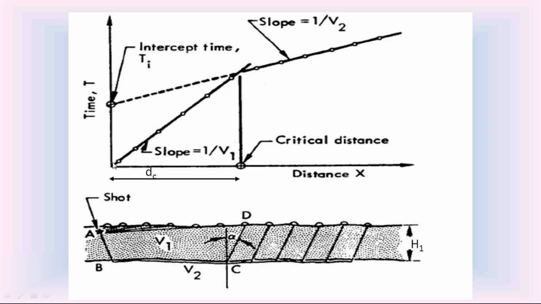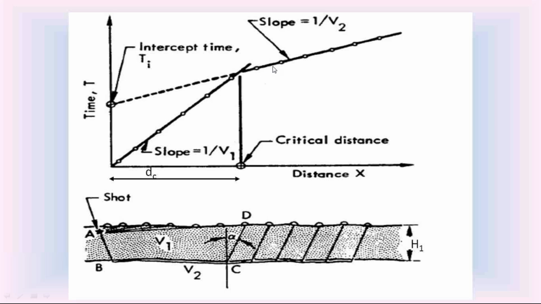So here this is one straight line prepared by the distance of the geophone from the source and the time of receiving the electric pulse, or the seismic wave, by the geophone. This is another straight line.